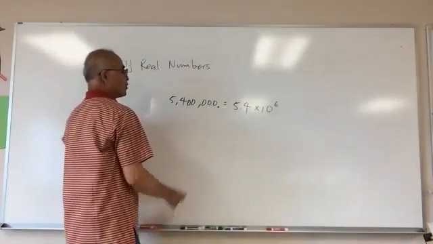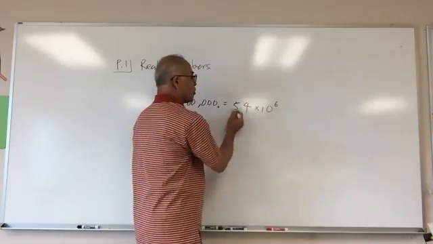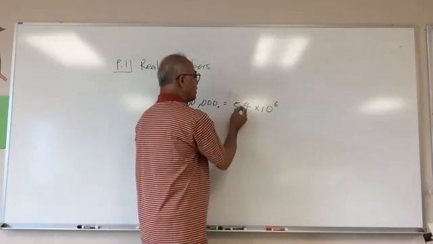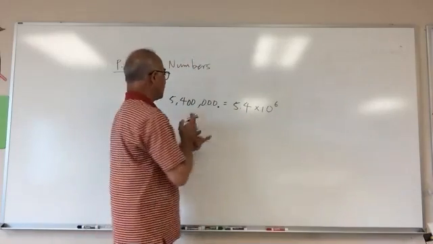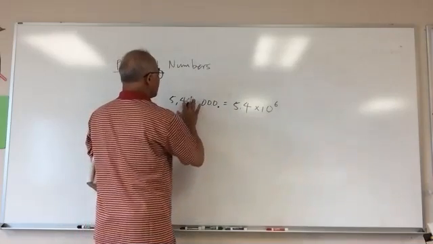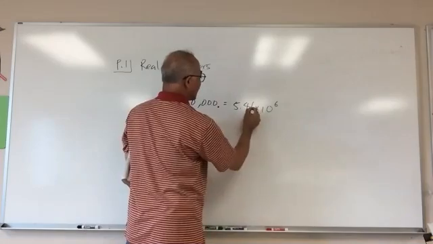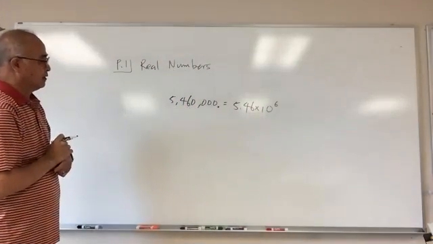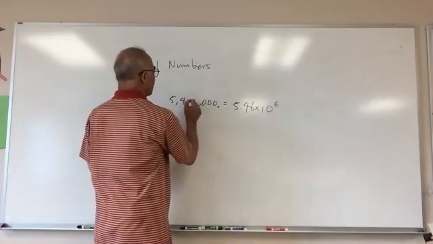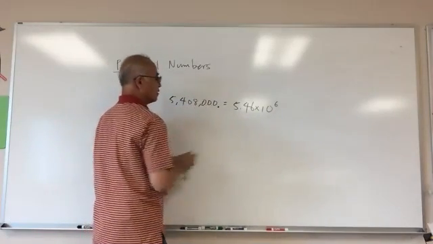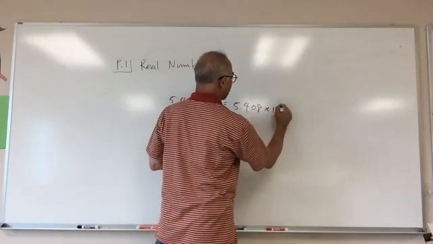In true scientific notation, this first number is always going to have only one number to the left of the decimal. In other words, if I have a number that looks like this, it's going to look like this. If I had a number that looked like this, it's going to look like this.